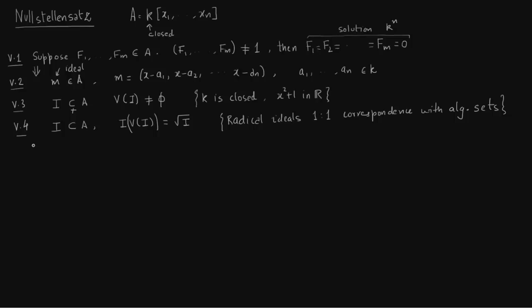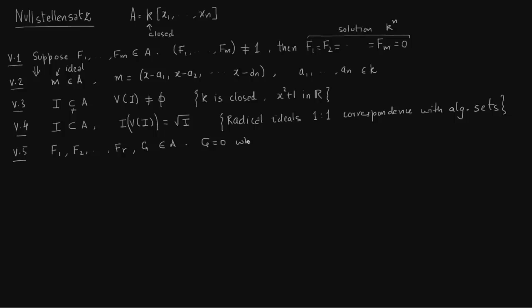Now we come to version 5, whose proof we will write on this slide. So you take a bunch of polynomials f1 to fr and then g in ring A, and these are all polynomials in ring A, and g vanishes whenever f1, f2 to fr vanish.